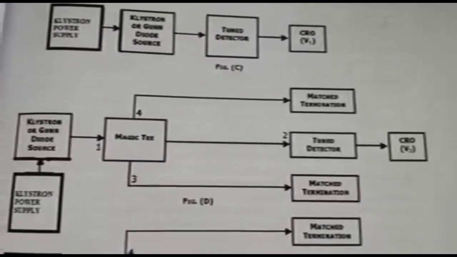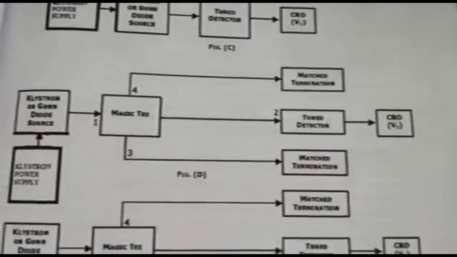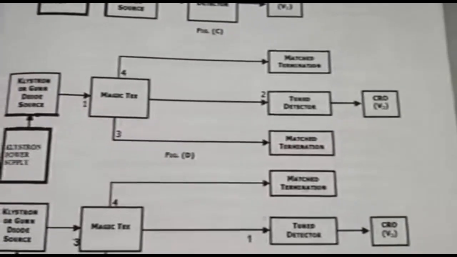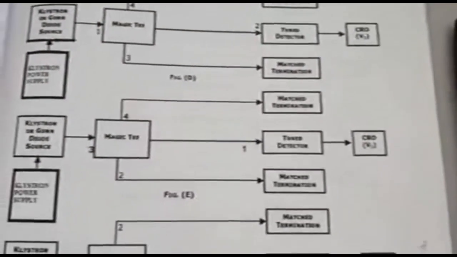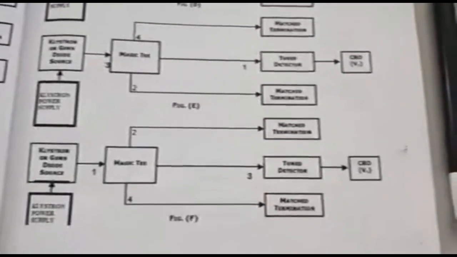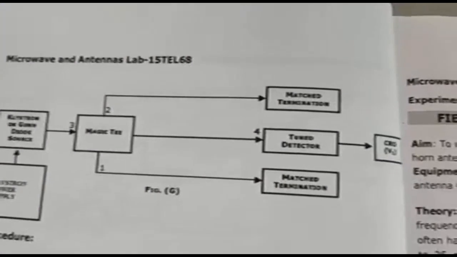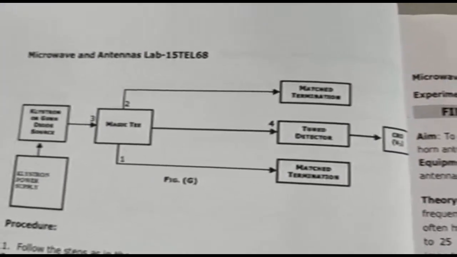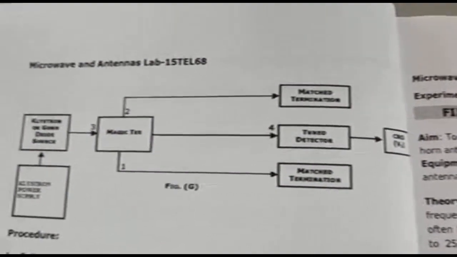So next I need to measure the voltages. V1 is already measured by connecting the detector mount. In order to measure V2, V3, V4 and V5, I need to measure these voltages.